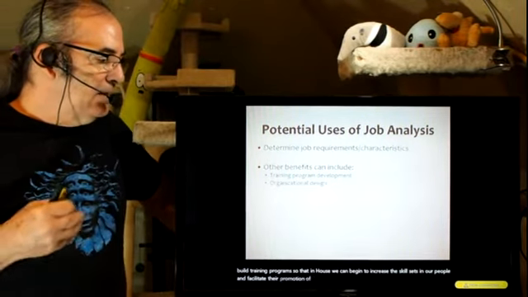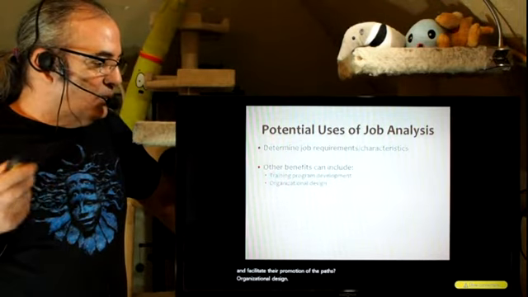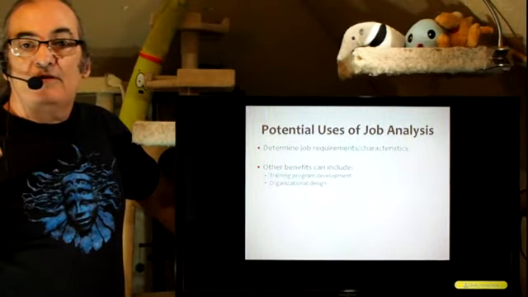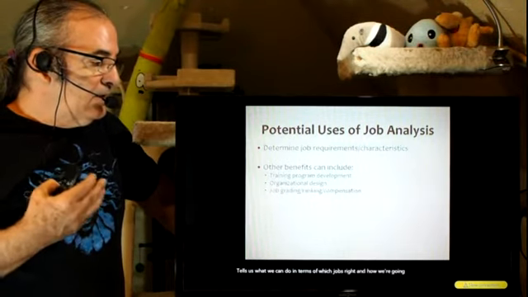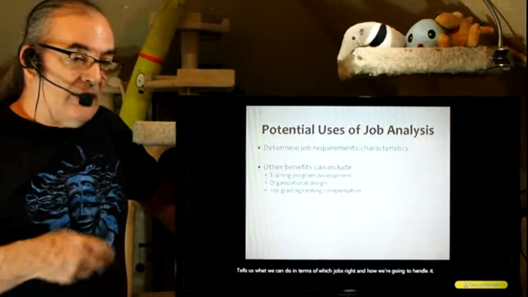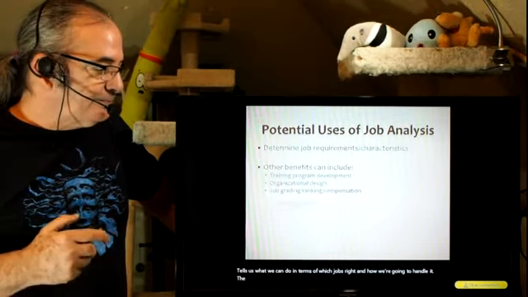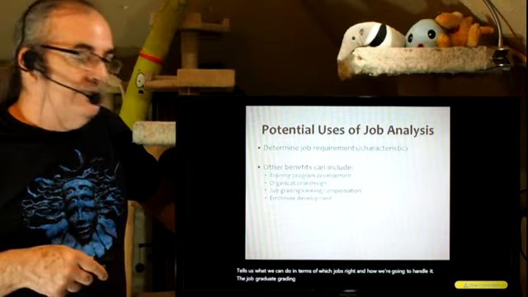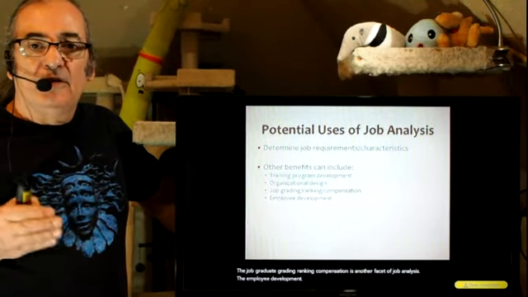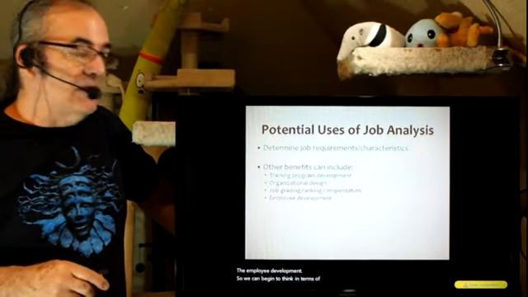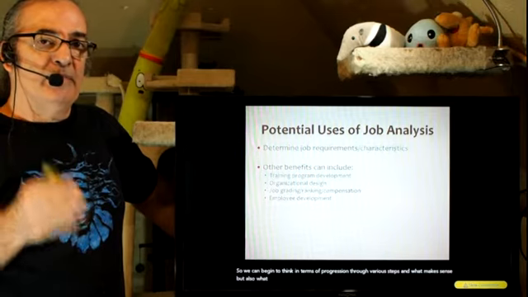Okay. Now, organizational design tells us what we can do in terms of which jobs and how we're going to handle it. Grading, ranking, and compensation are another facet of job analysis. Then employee development: we can begin to think in terms of progression through various steps and what makes sense, but also what qualifies a person to be promoted.